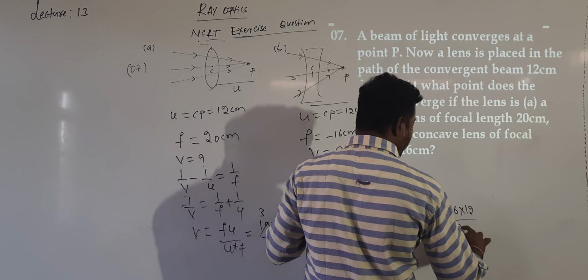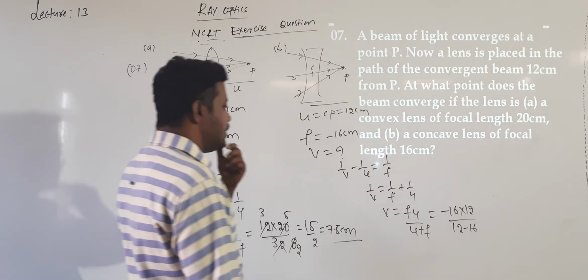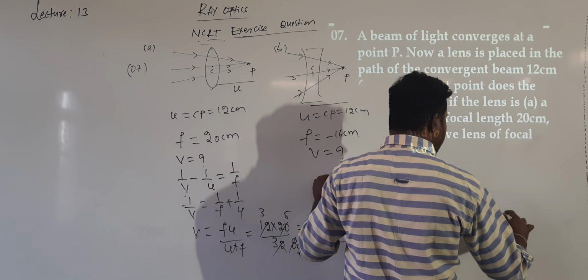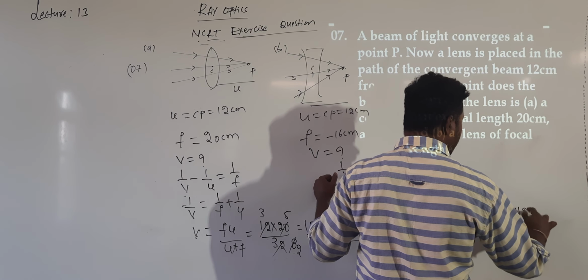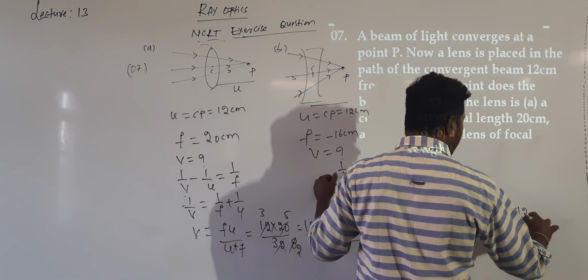Correct? So then what will I get as the answer here? Minus of 16 into 12 divided by minus 4. 4 1s are 4, 4 4s are 16. So 12 4s are 48 centimeters. So that is the point of convergence. Understood?